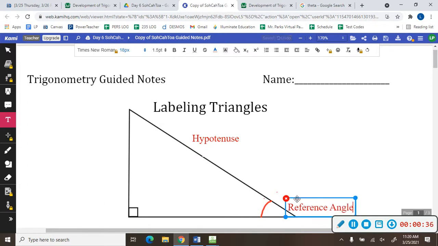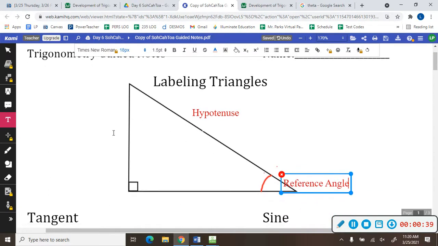So if that's your reference angle, one of these is going to be opposite, one of these is going to be adjacent. So how do you know which one's which?